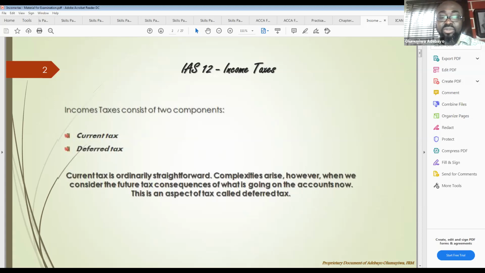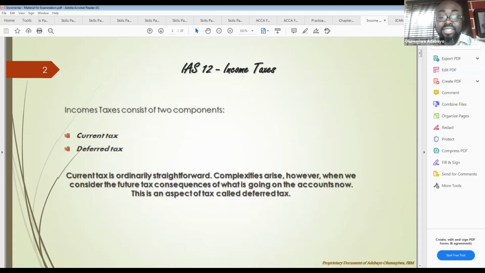IAS 12 governs income tax only, but not all taxes that are faced by corporates. And why is that so? Every other tax that is based on capital, consumption, revenue, and also on output are more or less accounted for in other IFRS standards.